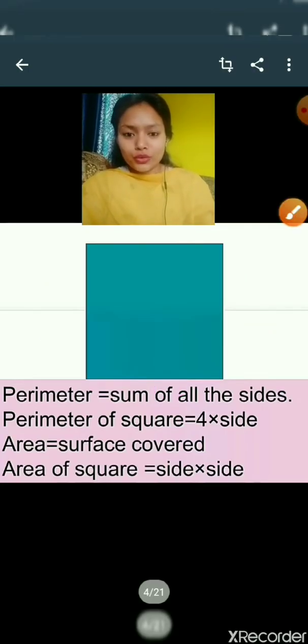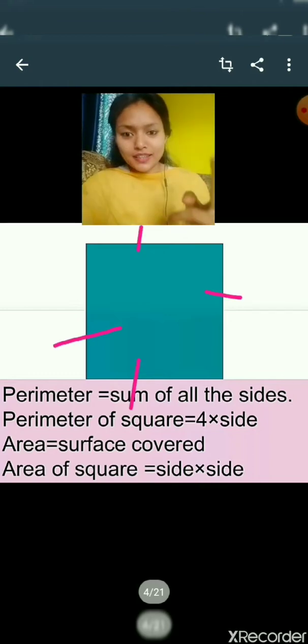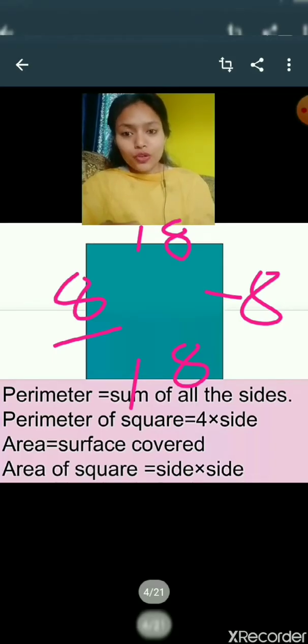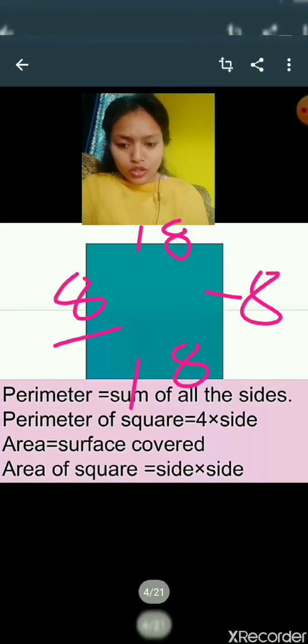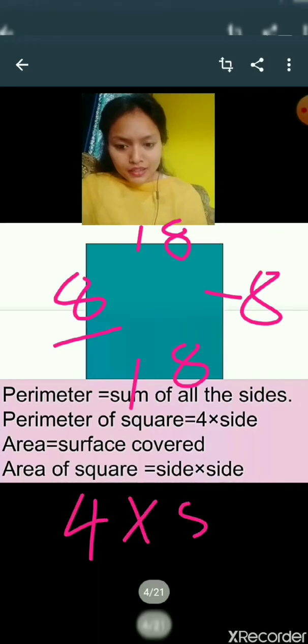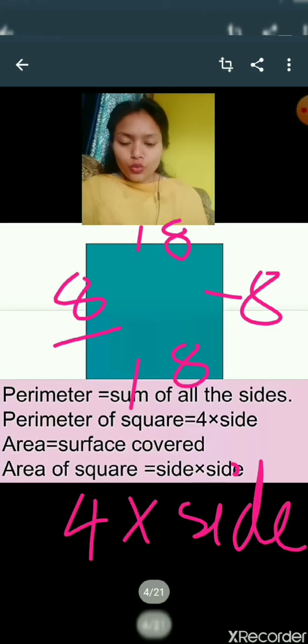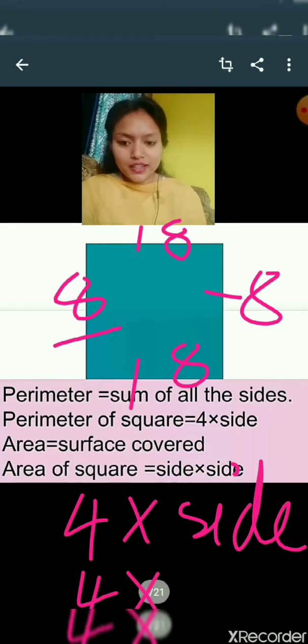Now there's a shortcut for this also. How many sides are there? 1, 2, 3, 4 sides are there, and each side is 8. For finding the perimeter, we will do 4 multiplied by side. So what is 4? 4 is the number of sides, and the given side is 8.